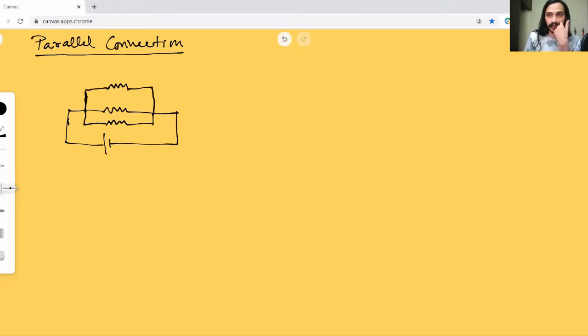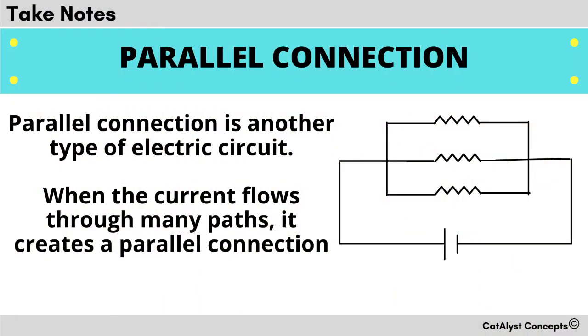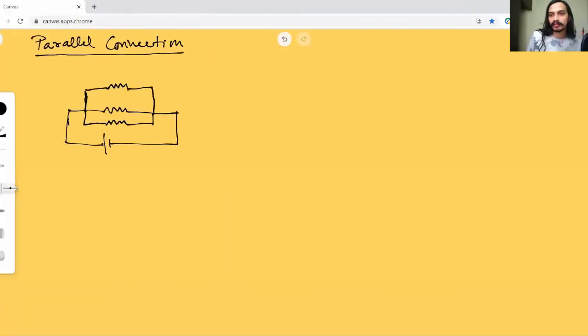So this is again a closed loop, it has to be. This is what I mean when I say that the current can have multiple paths to move in.